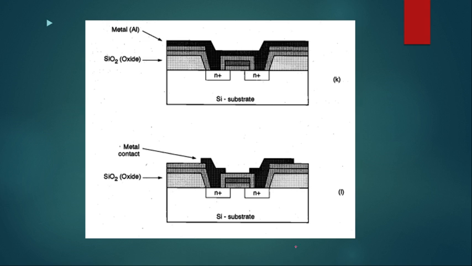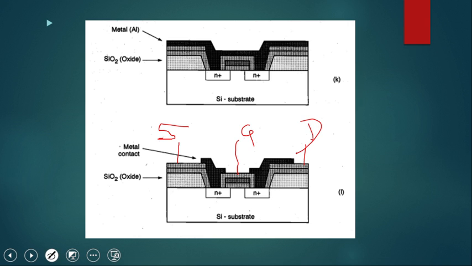And later on, this metal layer is also etched away, and the three terminals, source, gate and drain, are defined.